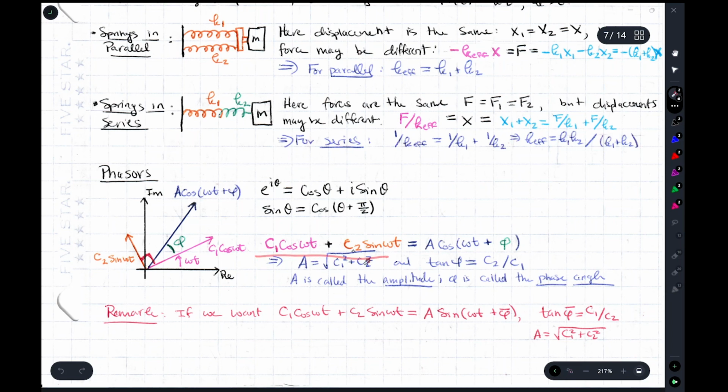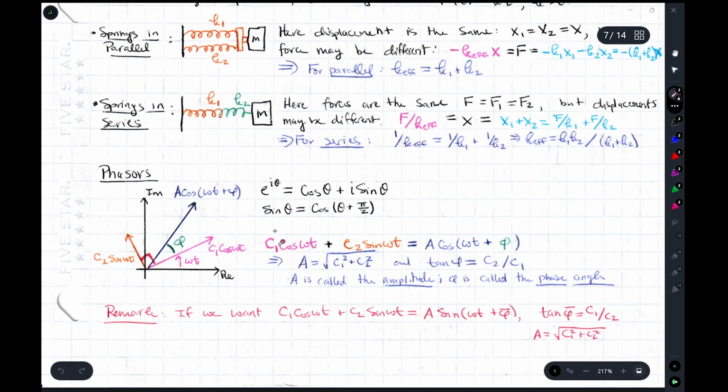It's tricky again to add cosines and sines, but what you could do is represent this cosine here as this phasor. Why could you do that? Because e to the i theta is this phasor, or vector, if you will, in the complex plane, and cosine is just the real part of that vector.